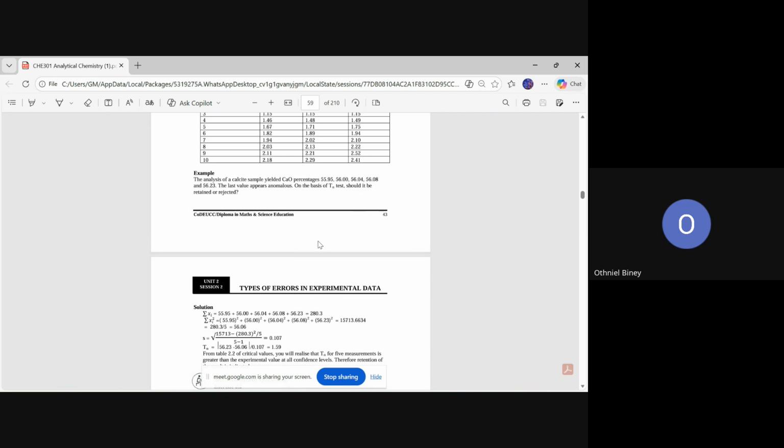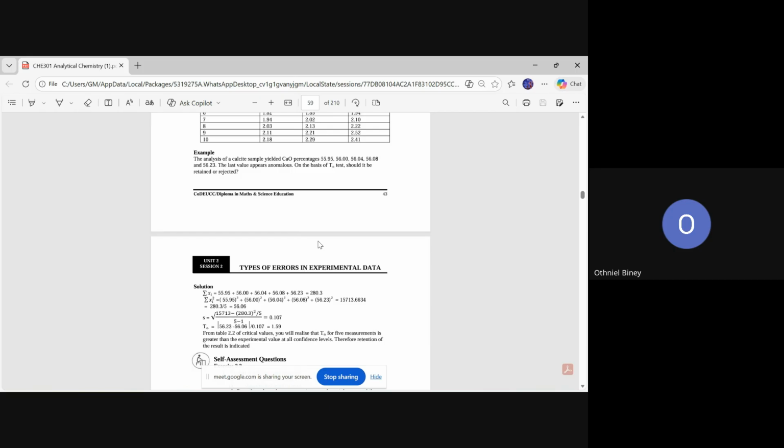Rather, you are first going to find the mean of the given observations. Okay, let's continue. So you find the mean of the given observations.